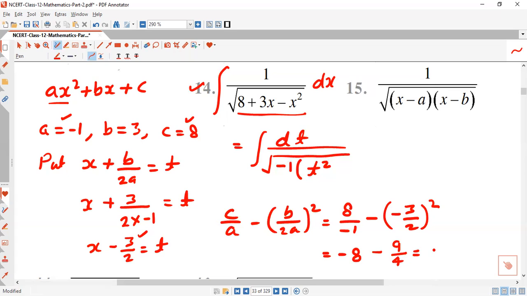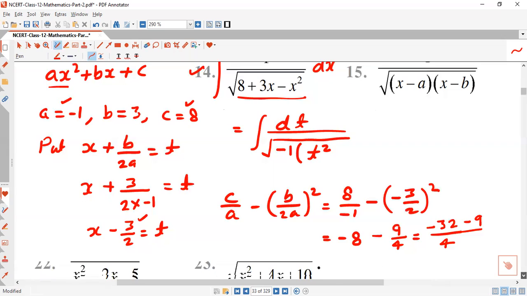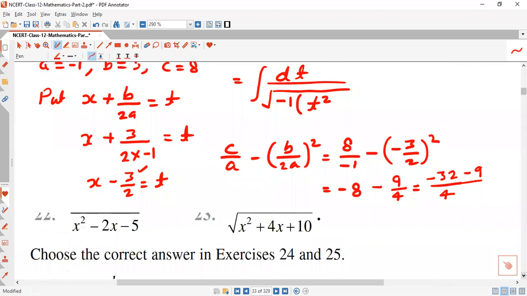To simplify this one, taking the LCM 4, we get minus 32 minus 9. So this will come out minus 41 by 4.